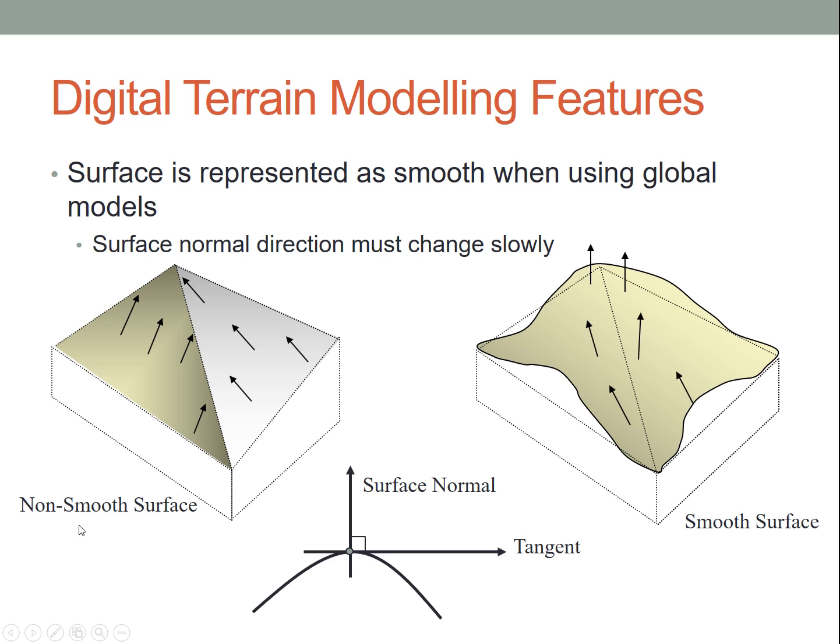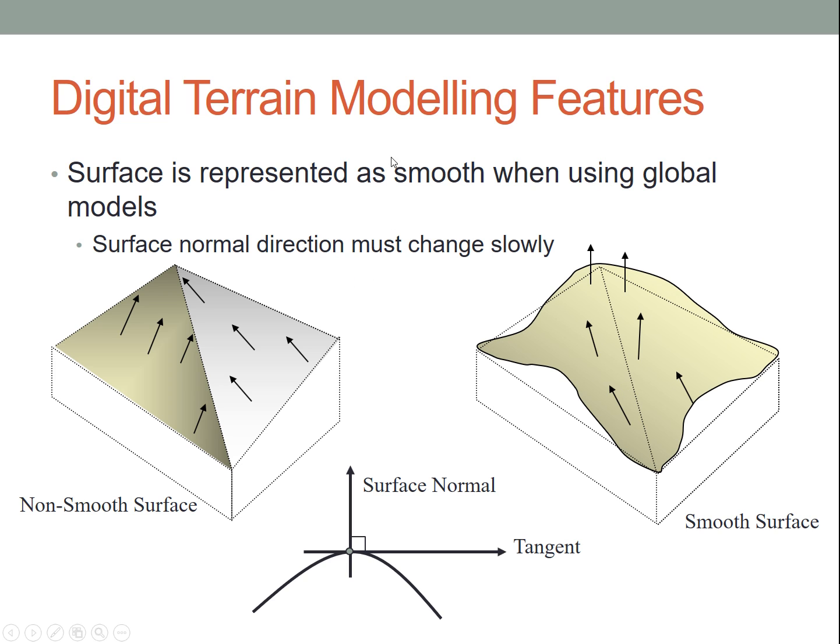That's considered not smooth. A smooth surface has a slowly changing surface normal. So between the 2 triangles represented here, they slowly change from one to another. You're going to see this splay of arrows that move over this edge.